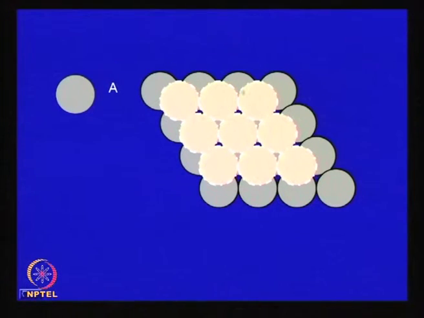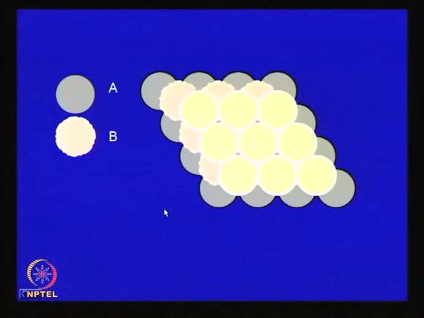So, the first one we call A, the second one has occupied the B site, and then when you bring in the third, it can go to either the A site or another site which has been blocked by this atom. In this particular case we call this site C.